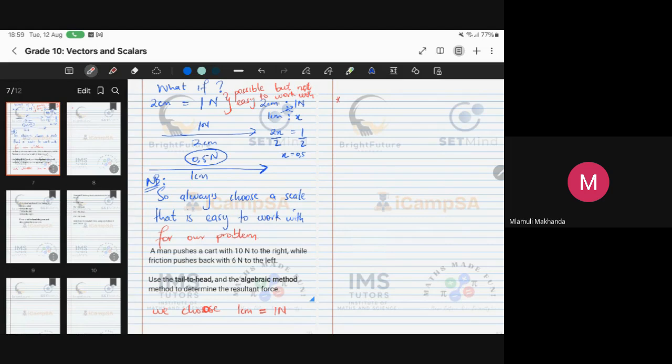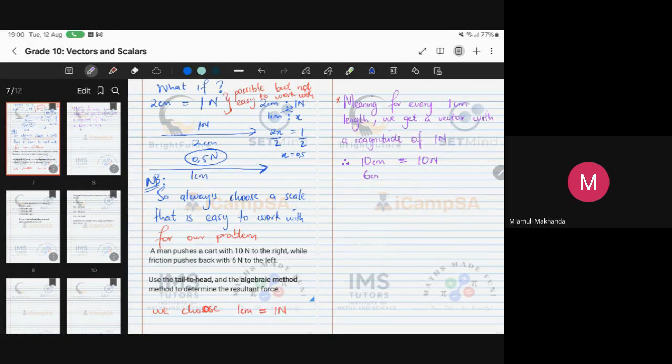Meaning, right? Therefore, 10 cm will give us 10 newtons.